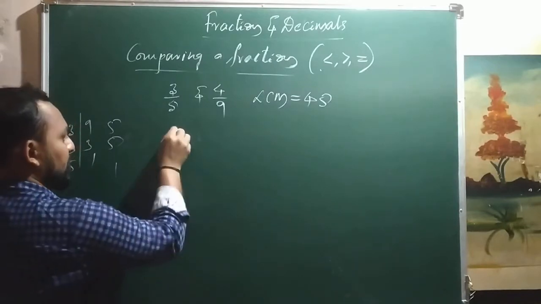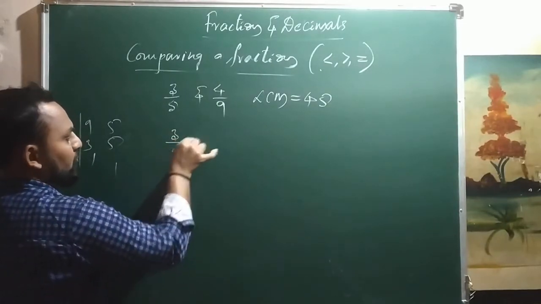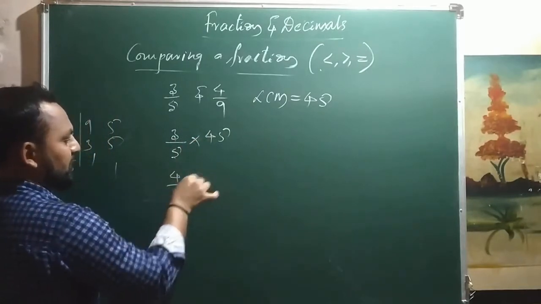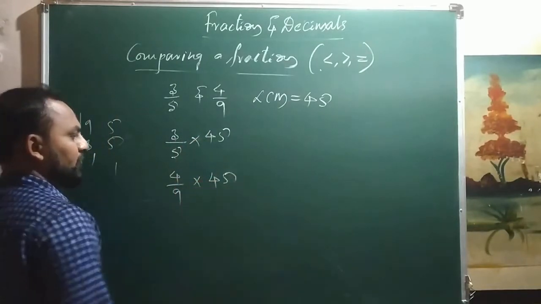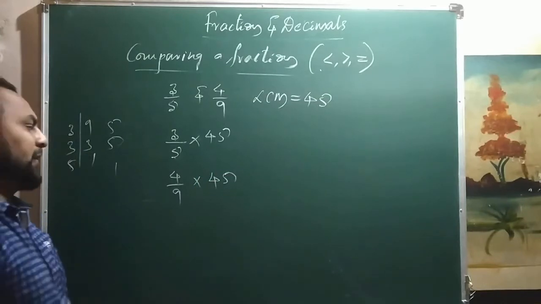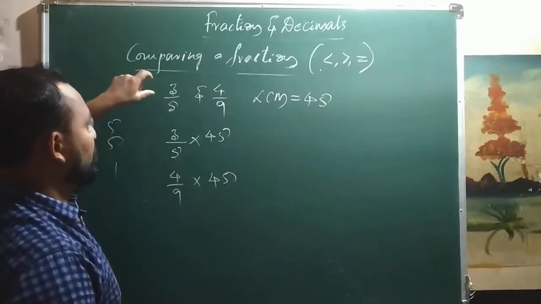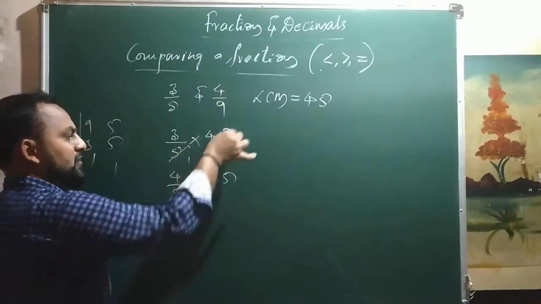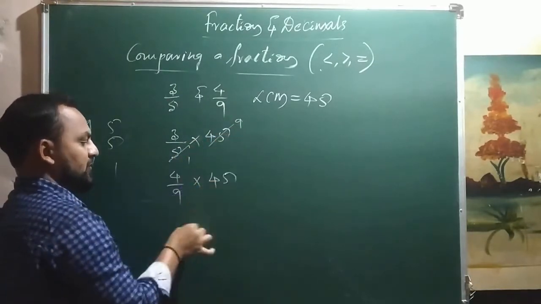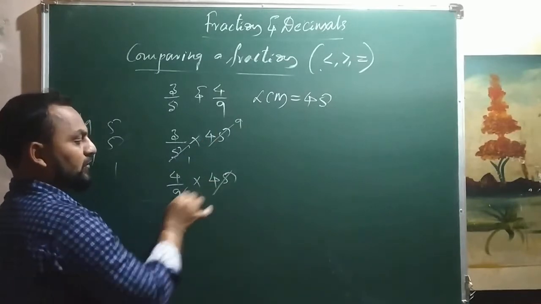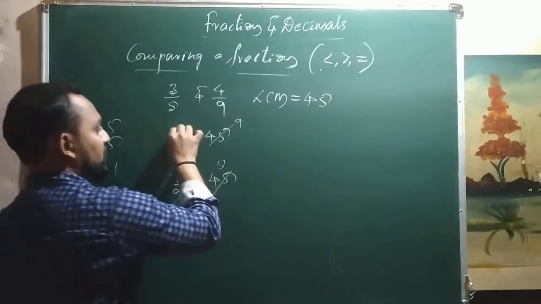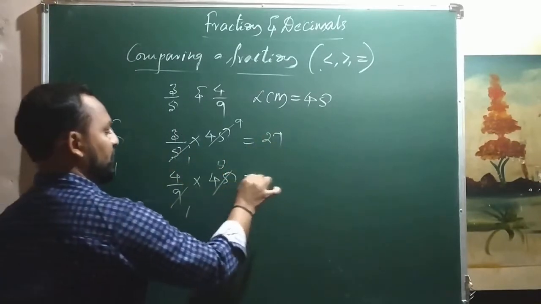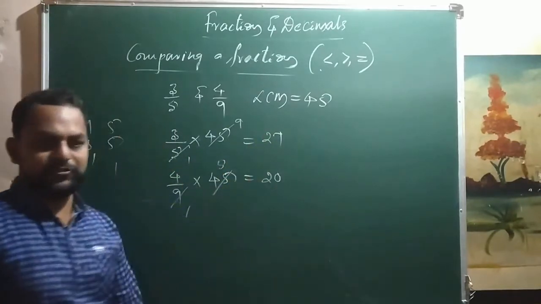Multiply the LCM to 3 by 5 and 4 by 9. Okay, multiply the LCM to these two fractions. Here 5 ones are 5, 9s are 9 ones are 9, 5s are 9 3s are 27 and 5 4s are 20.